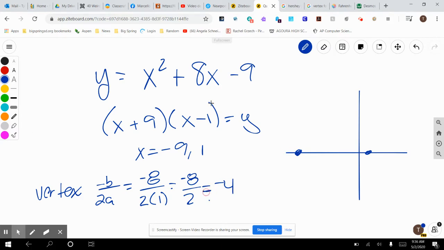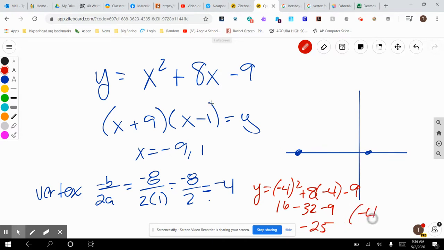So that is my x coordinate. Now to find my y, I do y equals negative 4 squared plus 8 times negative 4 minus 9. That would be 16 minus 32 minus 9, which is negative 25. So my vertex is the point negative 4, negative 25.